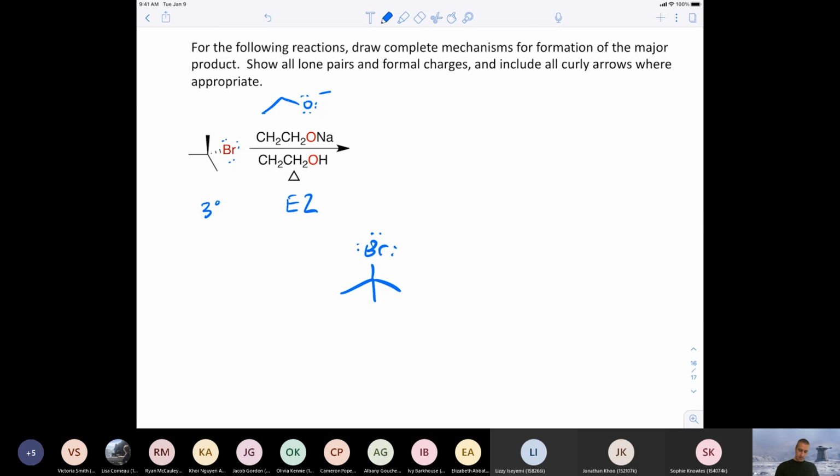I'm going to redraw it down here. Pick one of our betas. That one's the alpha. This one's the beta. And bring in our alkoxide, like that. The CH bond breaks and goes there, and the electron pair goes up to the bromine.